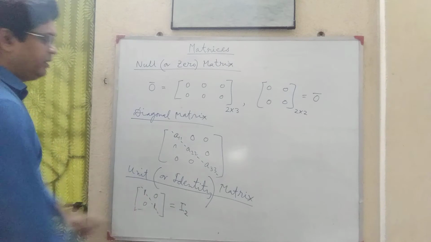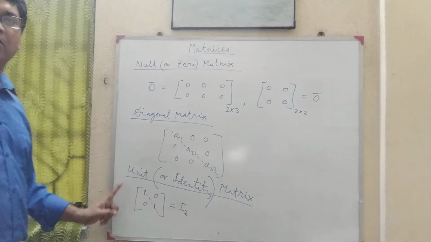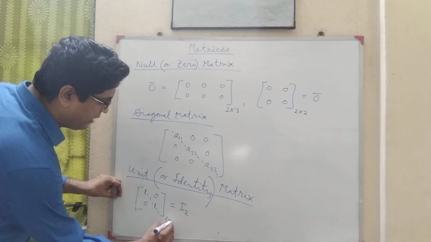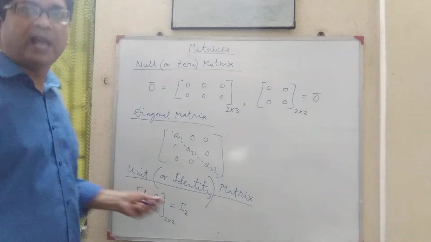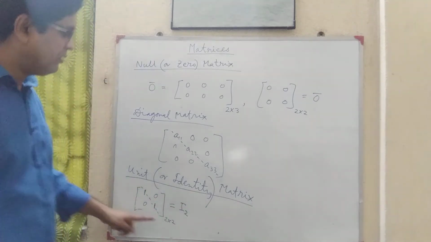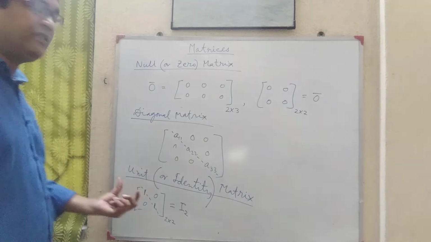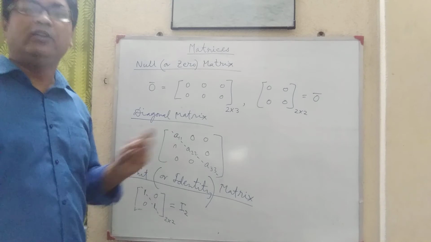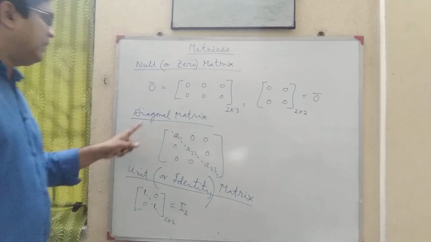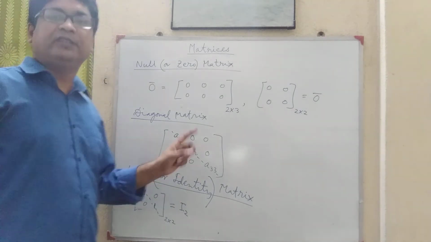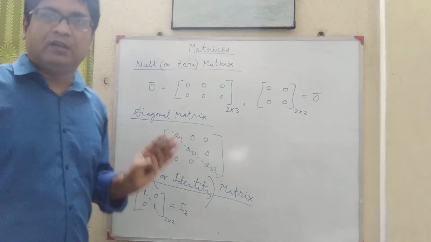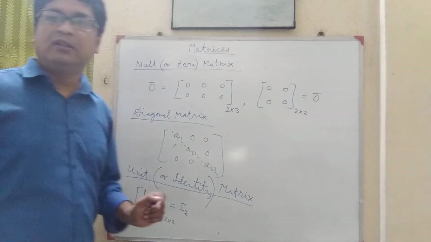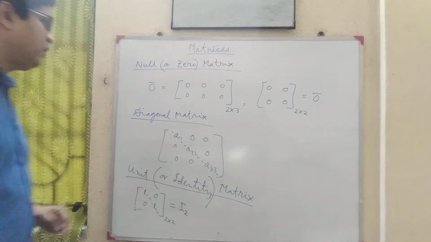I for identity and 2 because it is a second order matrix. Why second order? Because it has 2 rows and 2 columns. An identity matrix must be a square matrix, otherwise, if it is rectangular, then no diagonal will exist. So diagonal matrix and identity matrix must both be square matrices.